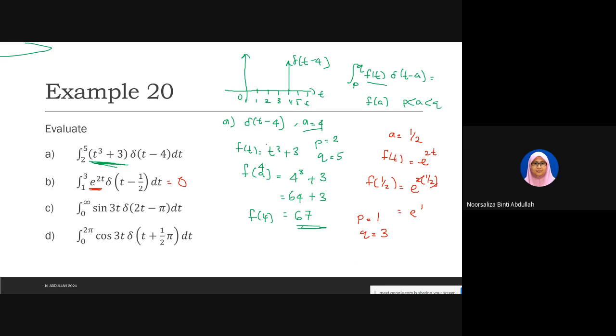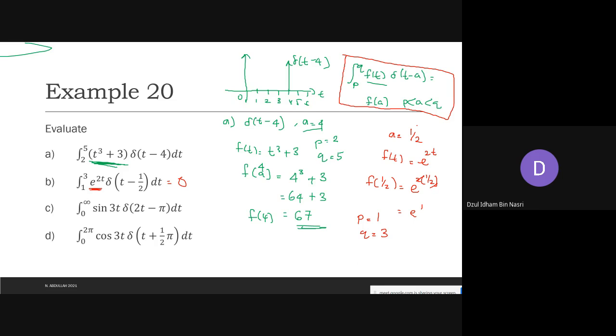Dekat sini dia dah statekan A mesti antara P dan Q. Tak payah masuk 1/2 pun tak apa, terus kosong. Dia mesti antara ni. Kalau tak antara ni jadi tak boleh. Kosong.